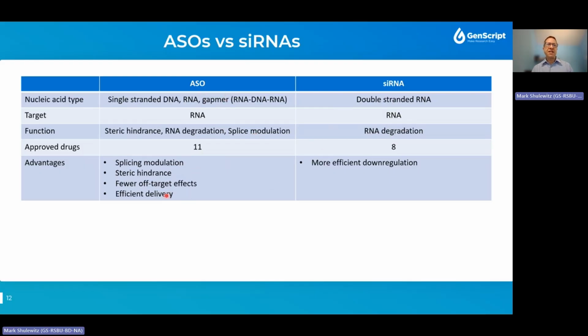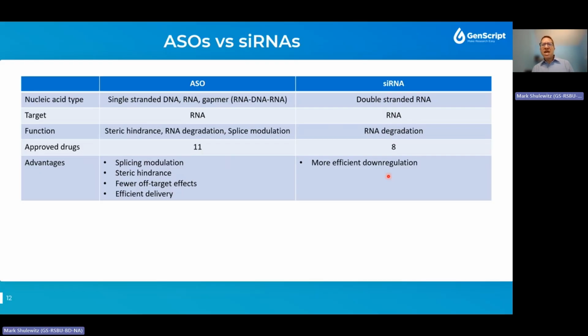Antisense oligos have the advantage that they tend to have fewer off-target effects, being a single-stranded molecule, and they're also easier to deliver. However, siRNA has more efficient downregulation, and this is probably one of the major reasons why it's been so popular, in that when trying to treat a disease, really the important thing is how efficiently you can downregulate it.